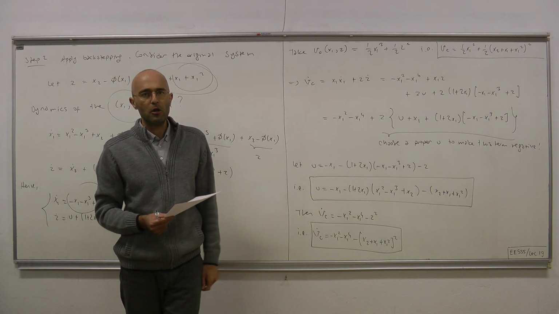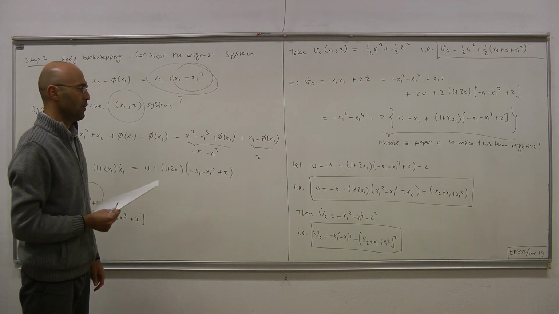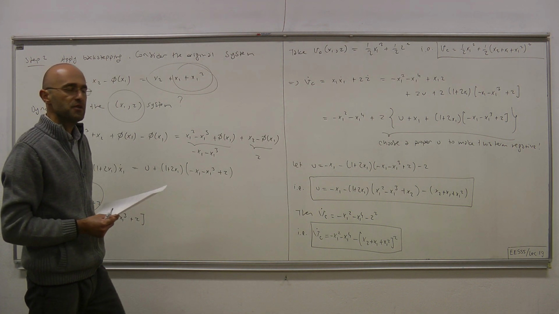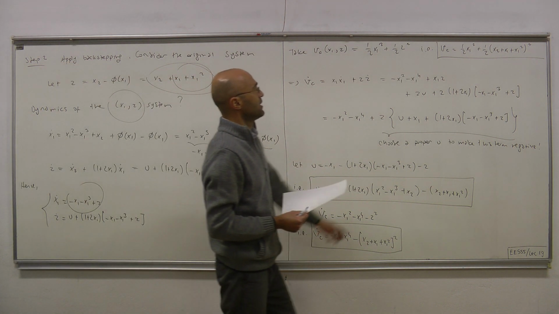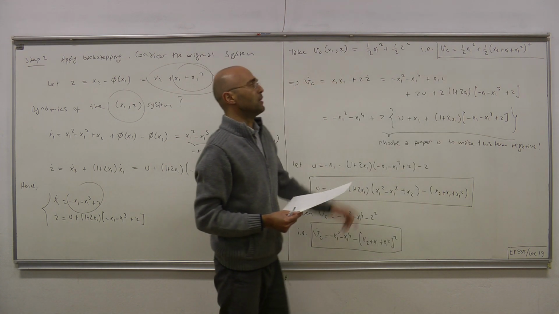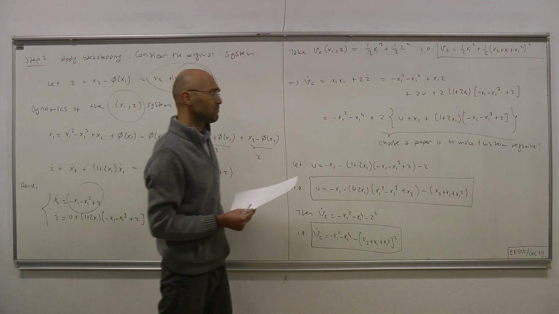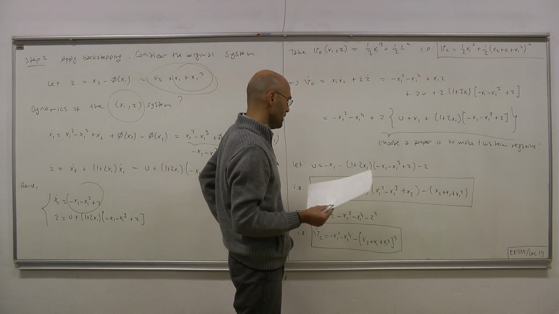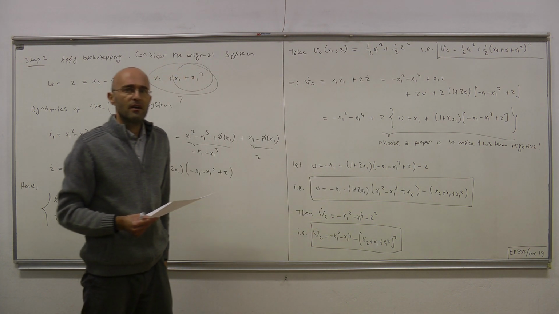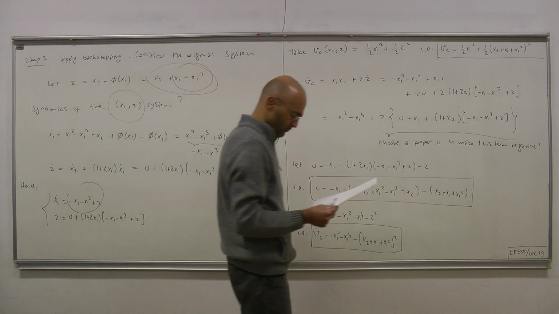Therefore, by Lyapunov's theorem, the origin of the closed loop system is asymptotically stable. Moreover, it's apparent that Vc is radially unbounded with respect to x1 and x2. Therefore, asymptotic stability of the origin is global.